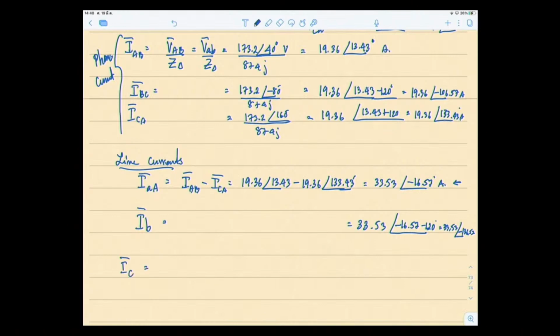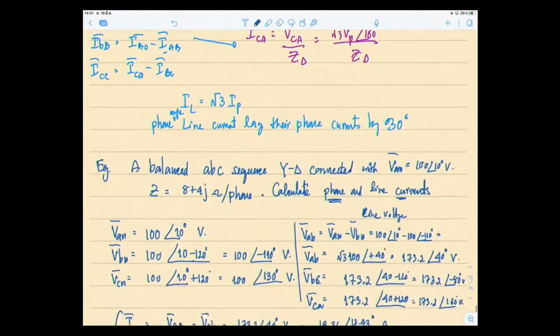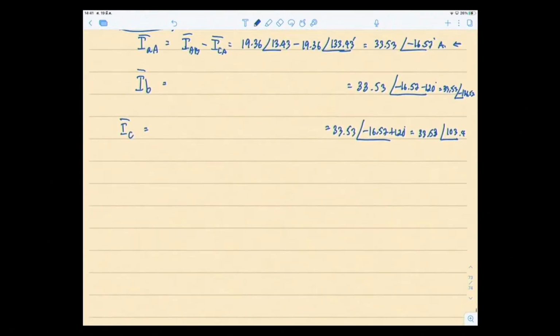IC would be equal to 33.53 angle minus 16.57 plus 120. So 33.53 angle 103.43 degrees amps.